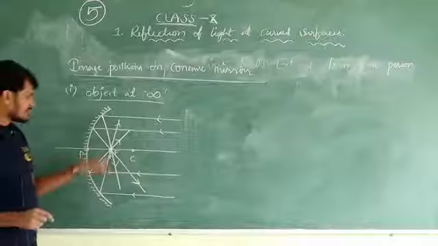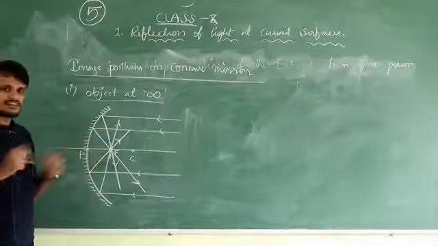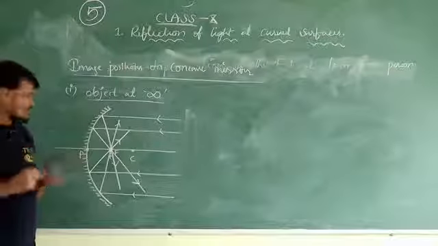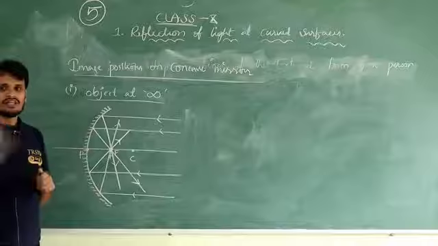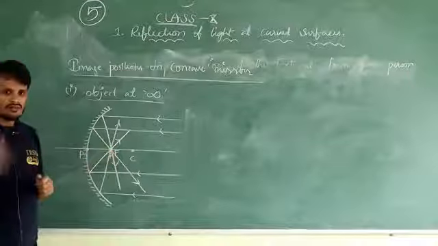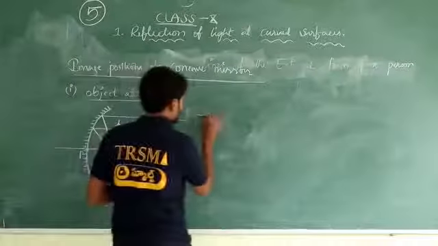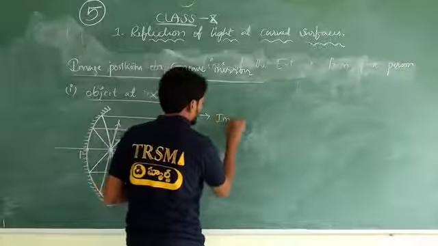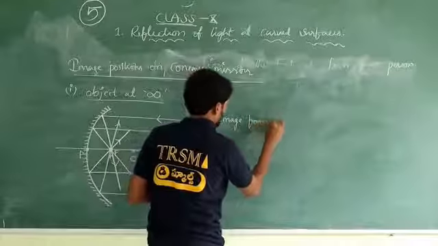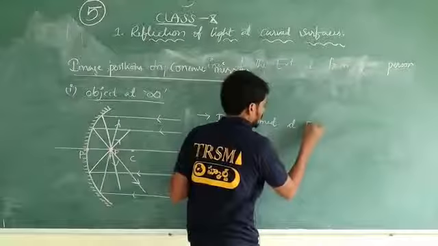So all reflected rays are intersecting at F. Now tell me, where is the image formed? The image is formed at F. Now write down: image formed at F.